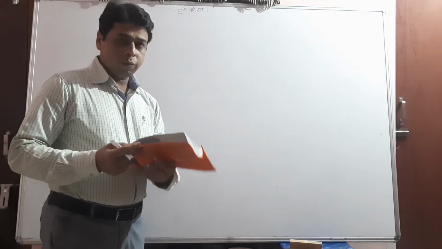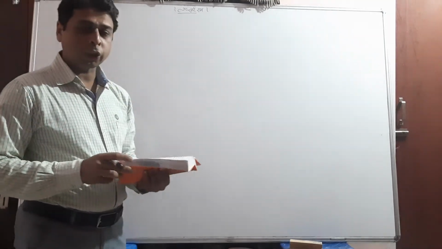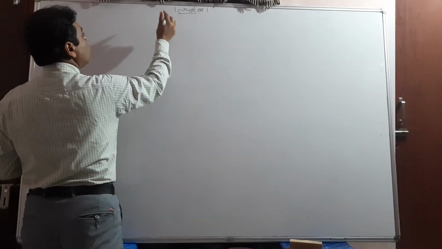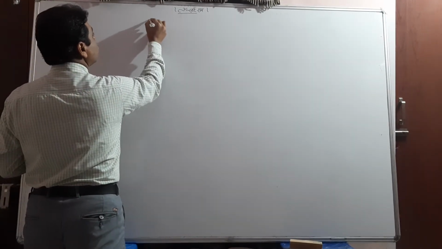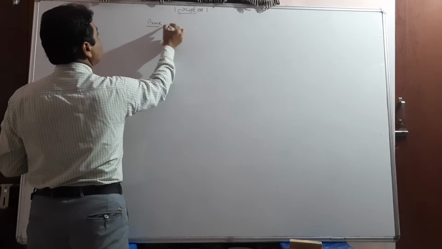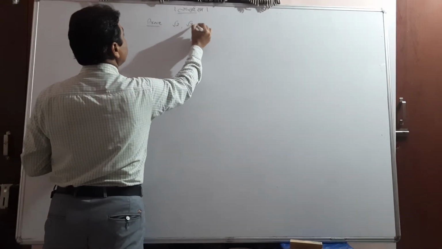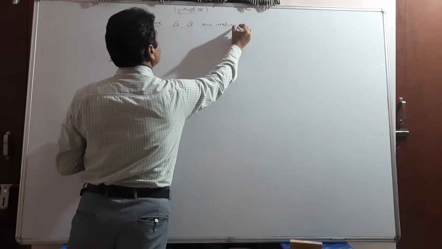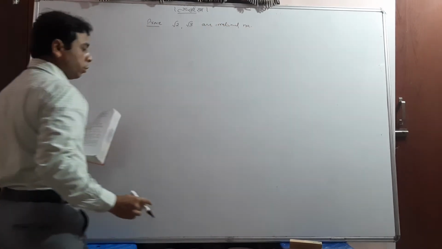Today we will continue the concept of rational number. We saw in last lecture how to prove root 2, root 3 irrational number.